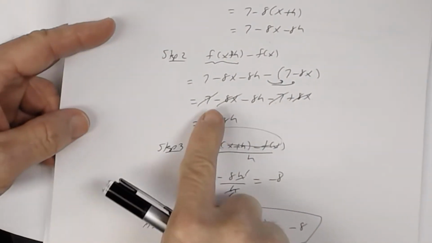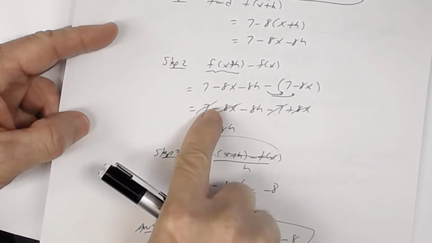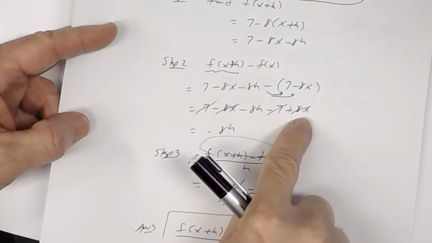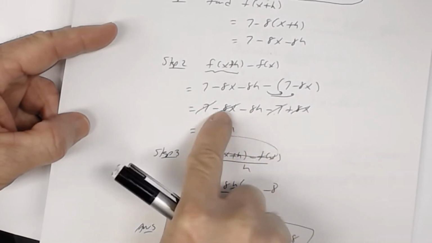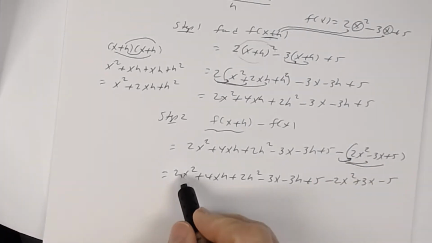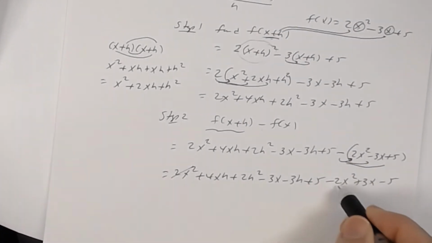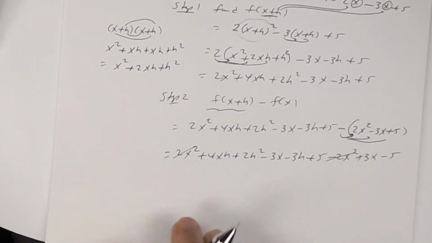Remember, at the end of step 2, every term that does not have an h in it, its opposite better be present so that they cancel out. This doesn't have a factor of h: it's 2x squared, and there's negative 2x squared, its opposite. When you add two opposites together, you get 0.